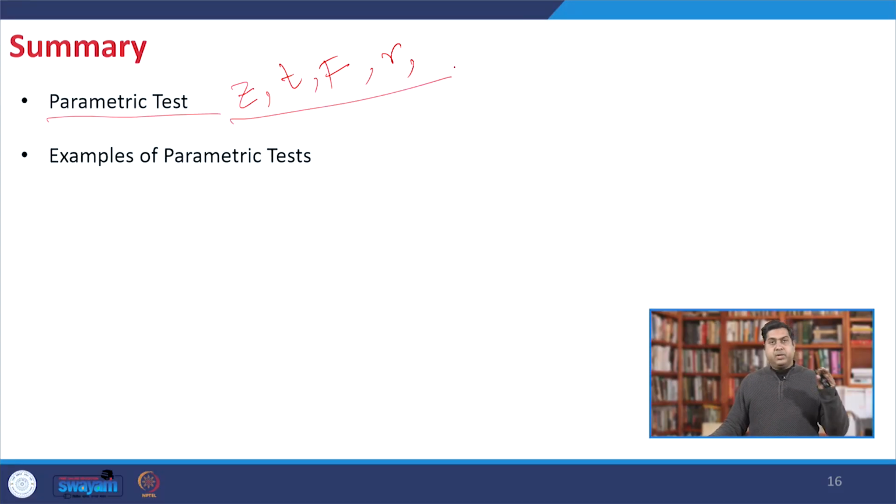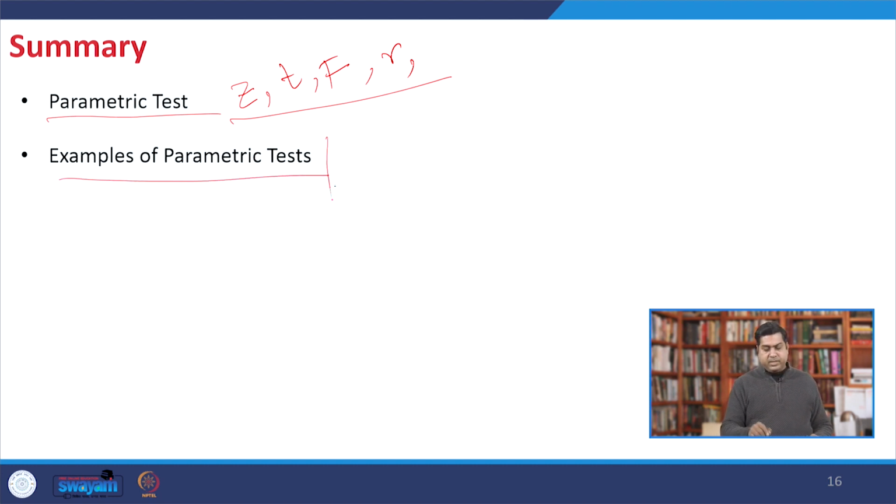My suggestion is that you refer to any good statistical book, and I will also share some of them in our forum, or there are other contents also available from where you can understand different types of parametric tests and how to check them.